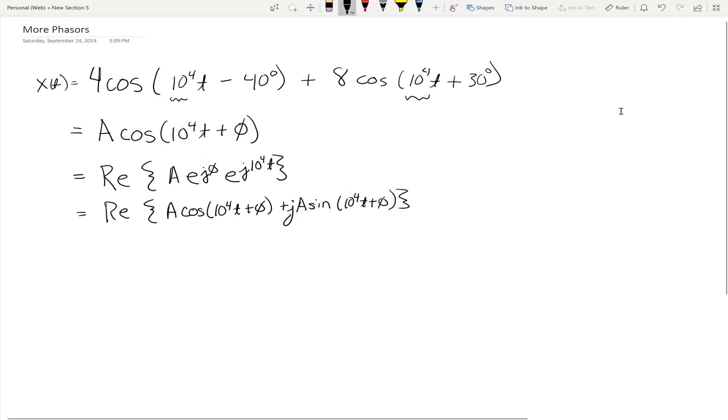Clearly, the real part is the cosine term, which we said back here. Okay?